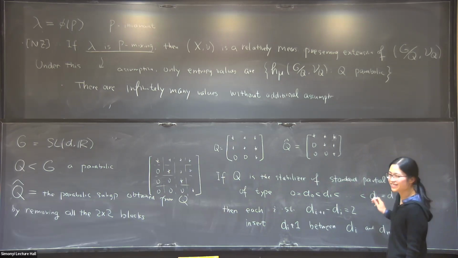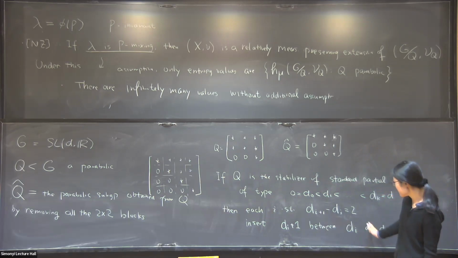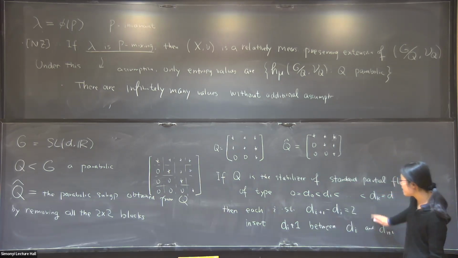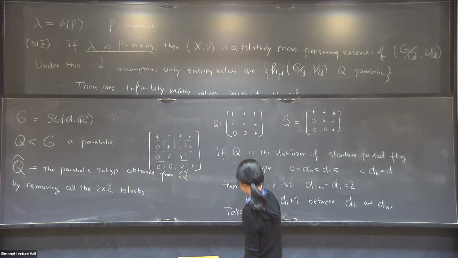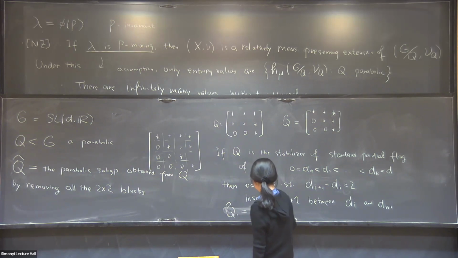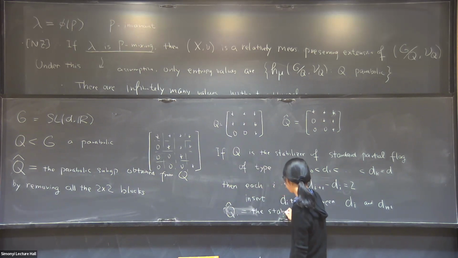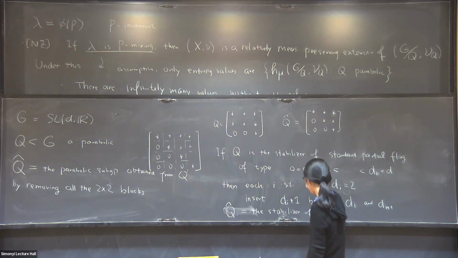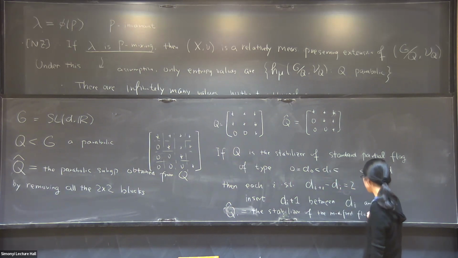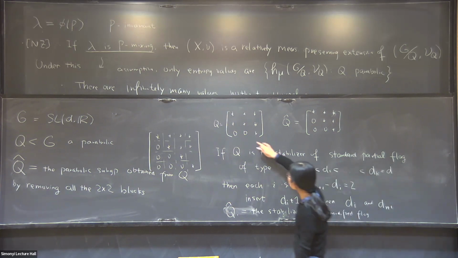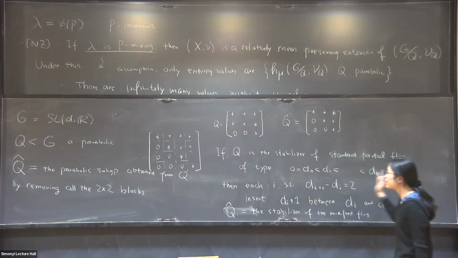Only when you see the difference by 2, then you insert the middle one, and then take the stabilizer. So Q is the stabilizer of this longer flag, as a modified flag. If you see a 2x2 block, then it becomes upper triangular, and other places you don't do anything.